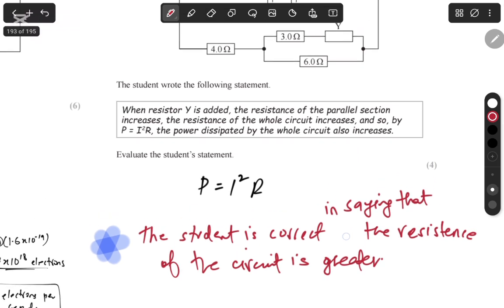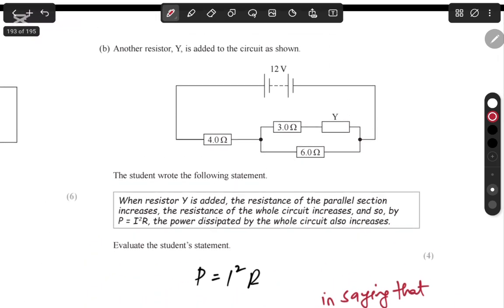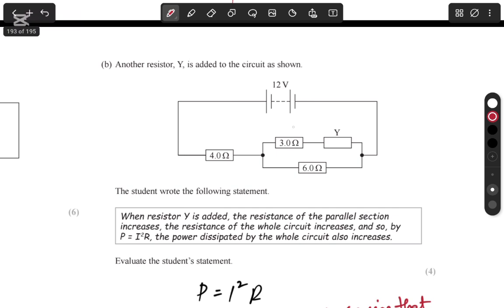So the student's first point is correct: the resistance in parallel is more, so the resistance of the circuit is also greater. So the first statement is correct.